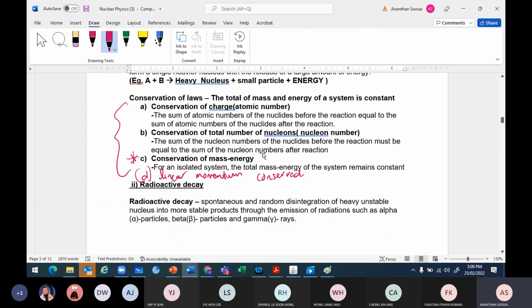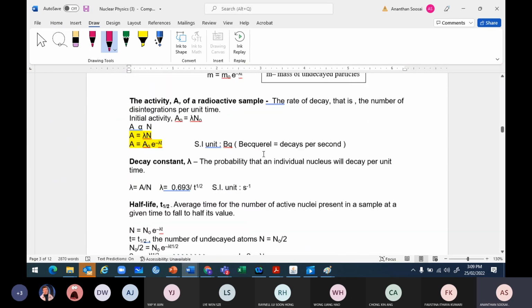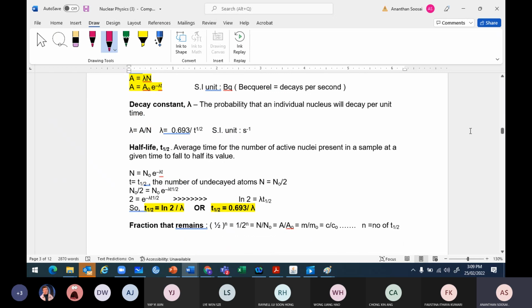Easy to understand. So we go back to the Word file here. This is the decay constant definition. Please include this. What is decay constant? The probability that an individual nucleus will decay per unit time.